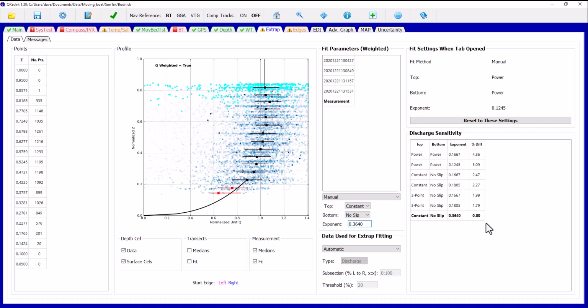So this is a decision that has to be made, and we can see that this bottom does tend to fit these red points, which were probably collected in the overbank area, a little bit better, but yet it doesn't fit the whole profile as well. It really shows a lot of drag at the bottom.